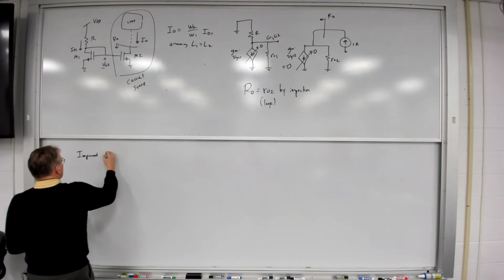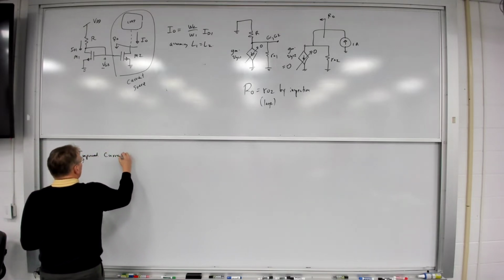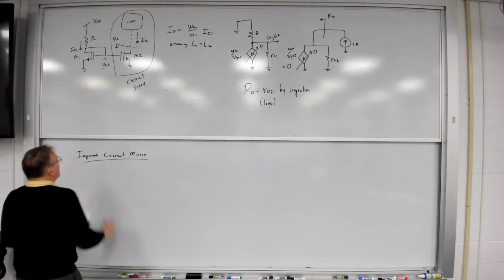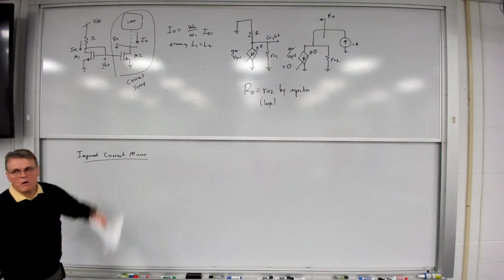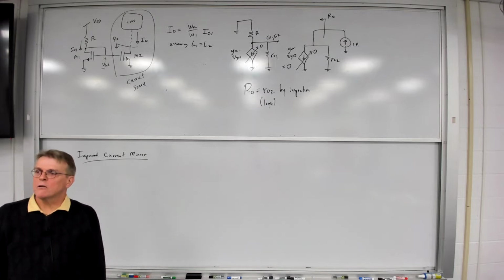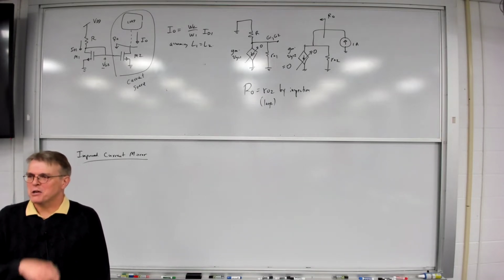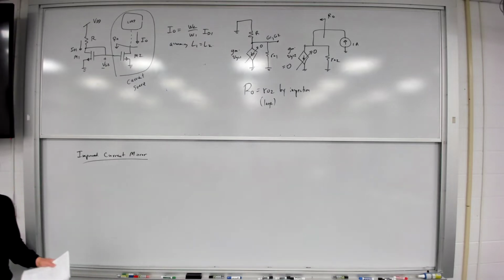Let's look at an improved current mirror. If I wanted to increase R sub O, what technique did we talk about last time that makes output resistance larger? Cascoding, yeah. Why don't we cascode the current mirror?